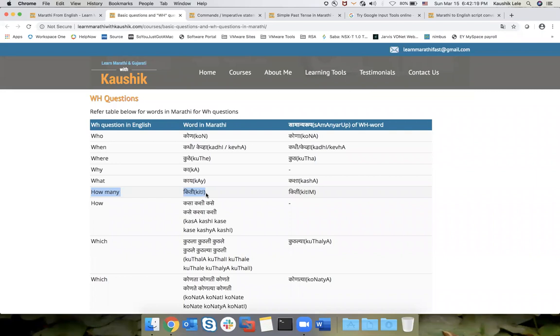So how will you say, give me your phone? Mala tuza phone de. And then if the other person asks, why do you want my phone? Maza phone ka paije? माझा phone का पाहिजे?